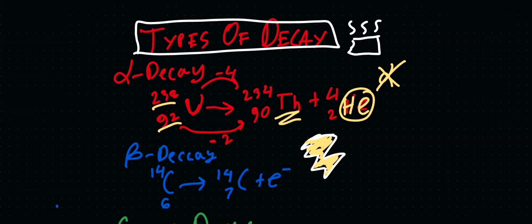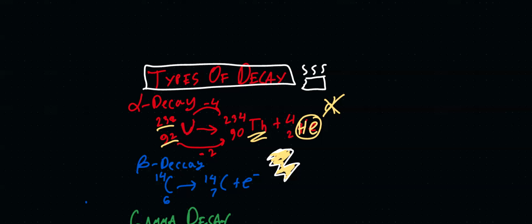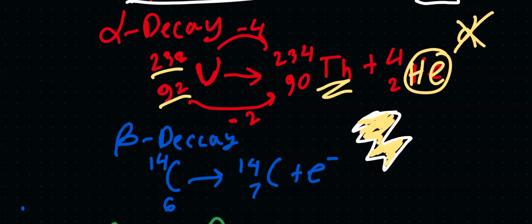In beta decay, a neutron turns into a proton and then it releases an electron. The electron is called a beta particle. Here is another popular example, carbon-14 undergoing beta decay. Carbon-14 lost a neutron and gained a proton.